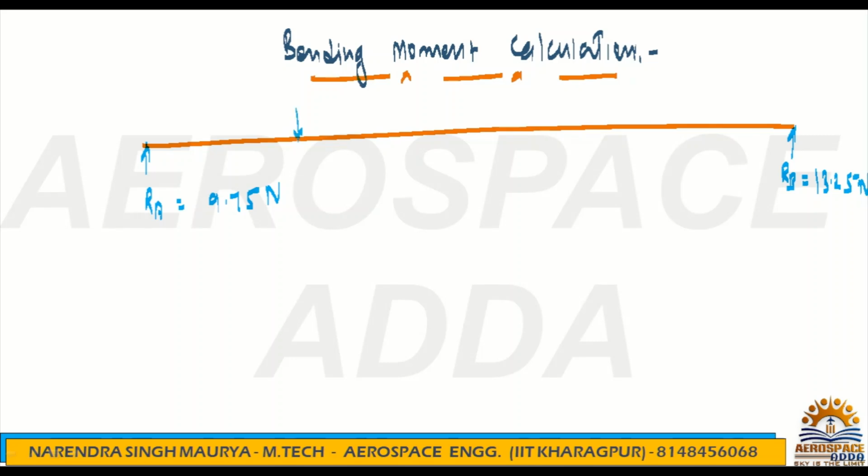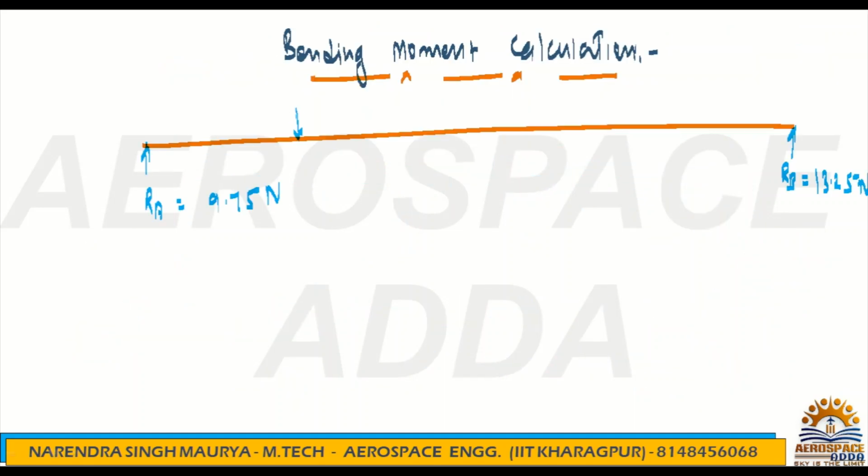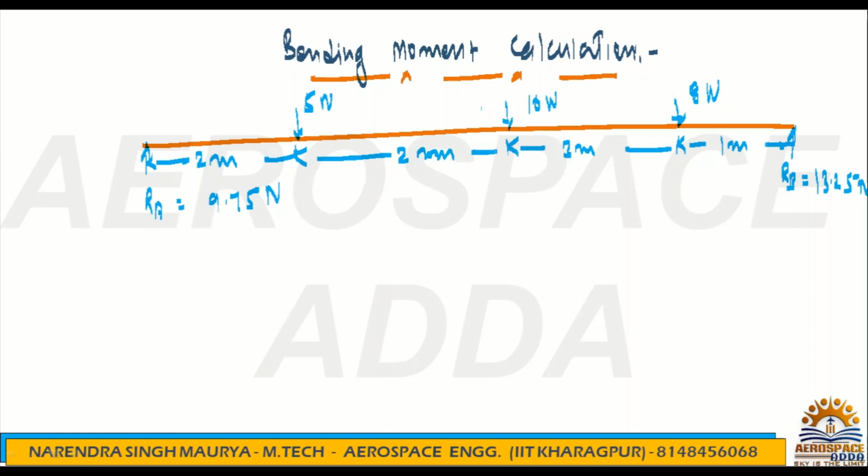And here we have the loads 5, 10, 8, with distances 1 meter, 3 meter, 2 meter. Now each and every point like A, B, C, D and E, we have to calculate the moment at each and every point, right?